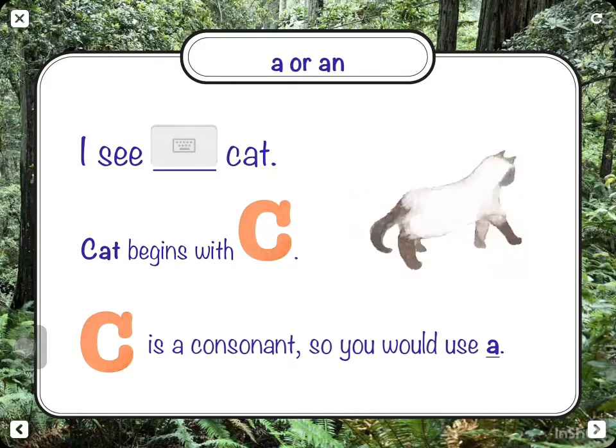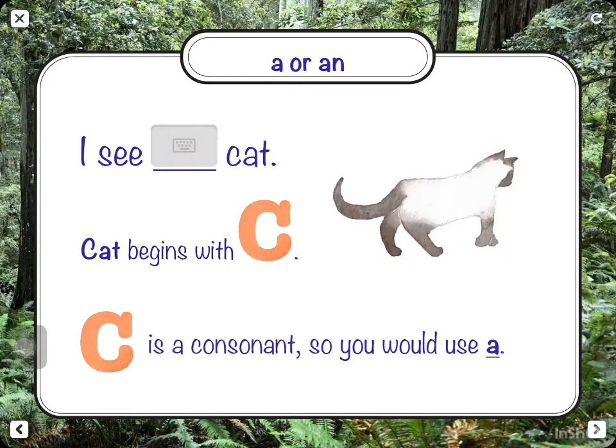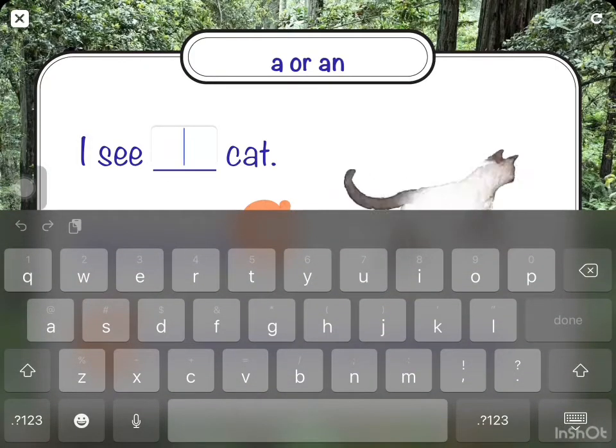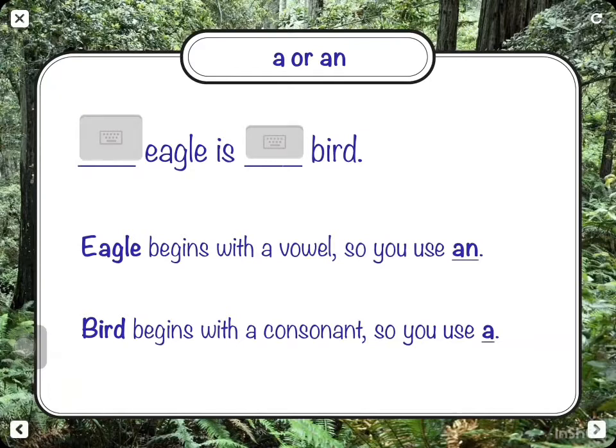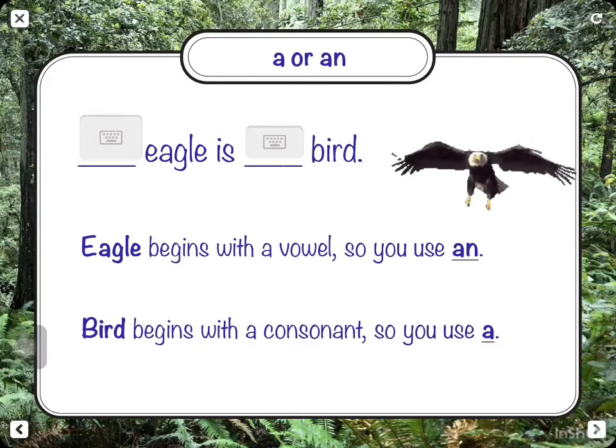Cat begins with C. C is a consonant, so you would use a. What to use, a or an? Eagle is bird. Eagle begins with a vowel, so you use an. Bird begins with a consonant, so you use a.